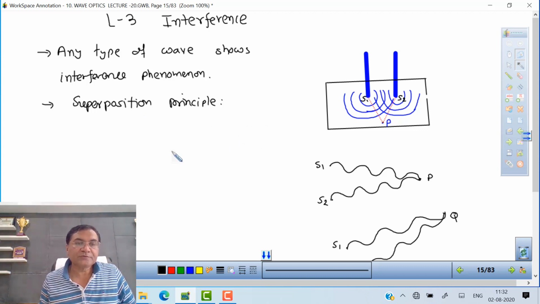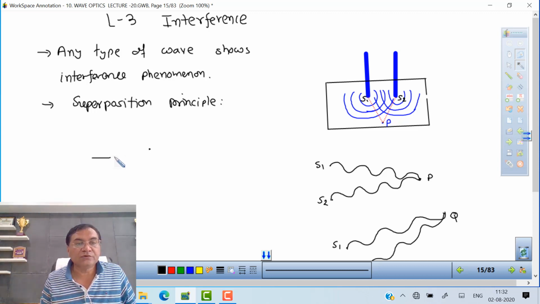What is that superposition principle? Suppose this is a point in the space somewhere. It may be a particle or point. Then there are so many waves passing. Suppose I say 2 waves, maybe more than 2 also.